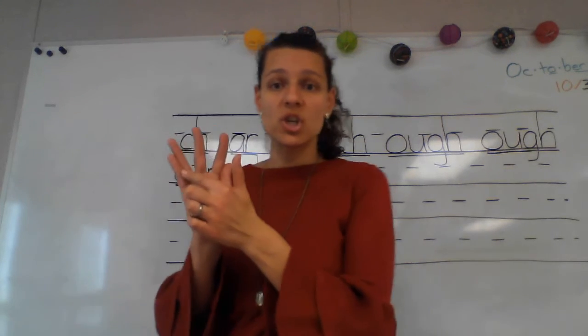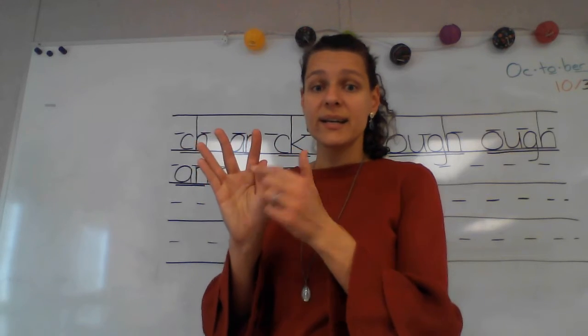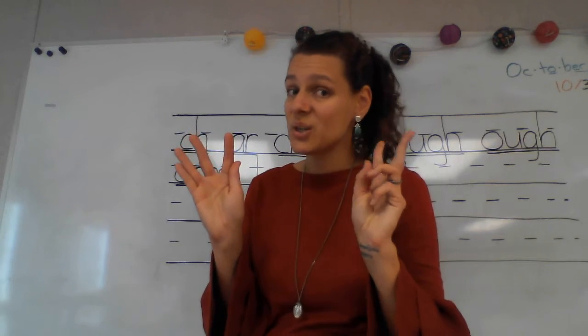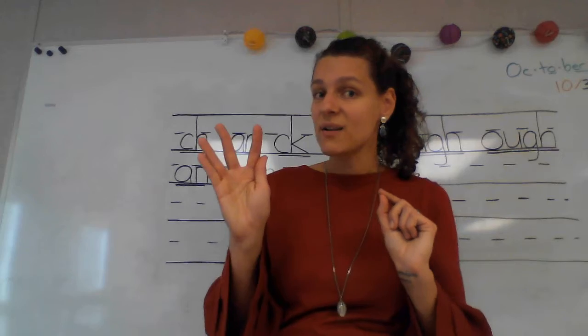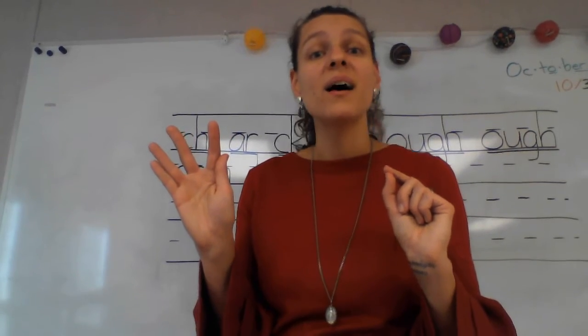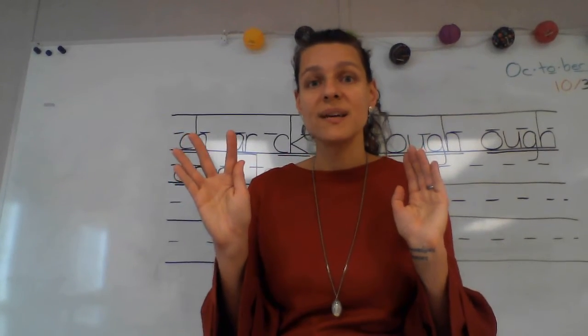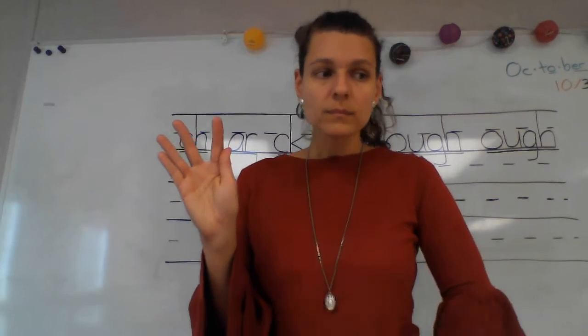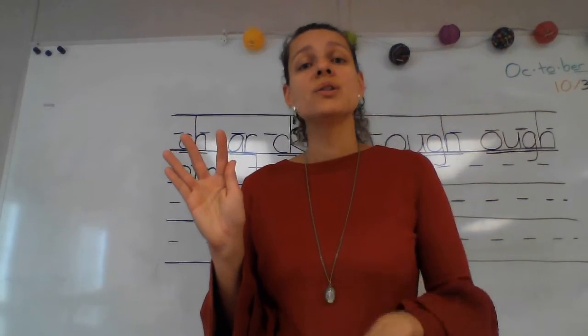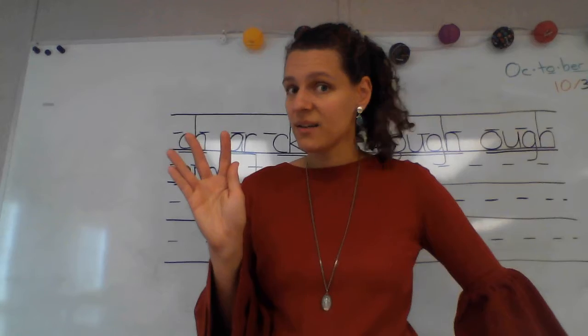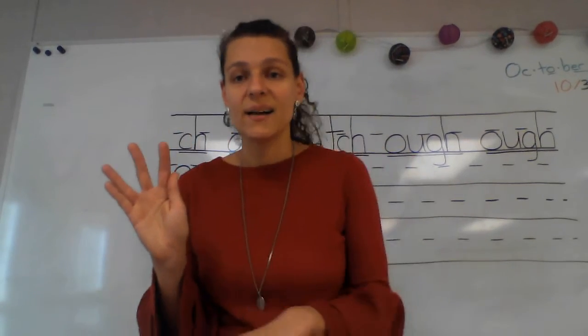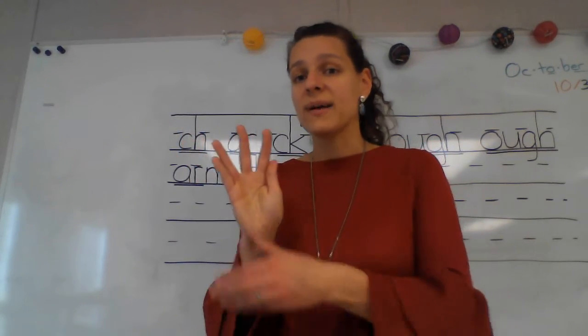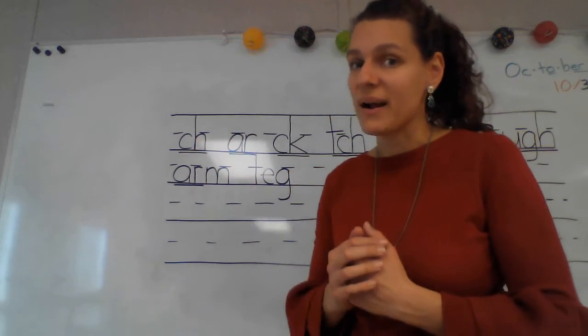All right, so ch, i, k. Our k is 2-letter k used after a single vowel that says a, i, or o. Which k are we going to use? Good, 2-letter k used after a single vowel that says a, i, or o. Good. Go ahead and write the sounds in chick. Say them while you write them.